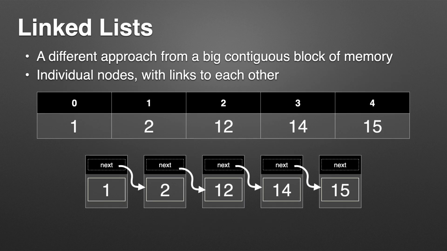So just to refresh, we remember the main thing with an array is it's this contiguous block of memory where we allocate these slots of different sizes and we put our items in there sequentially. We're able to index into it very quickly if we know the index of something. Whereas with a linked list, we have these little nodes and they just point to each other. This has the advantage that we don't need to allocate the whole structure up front.